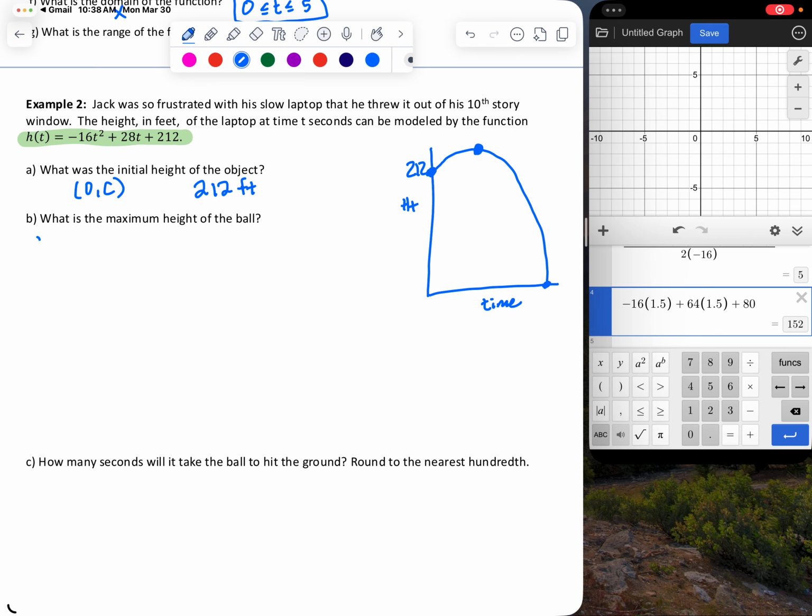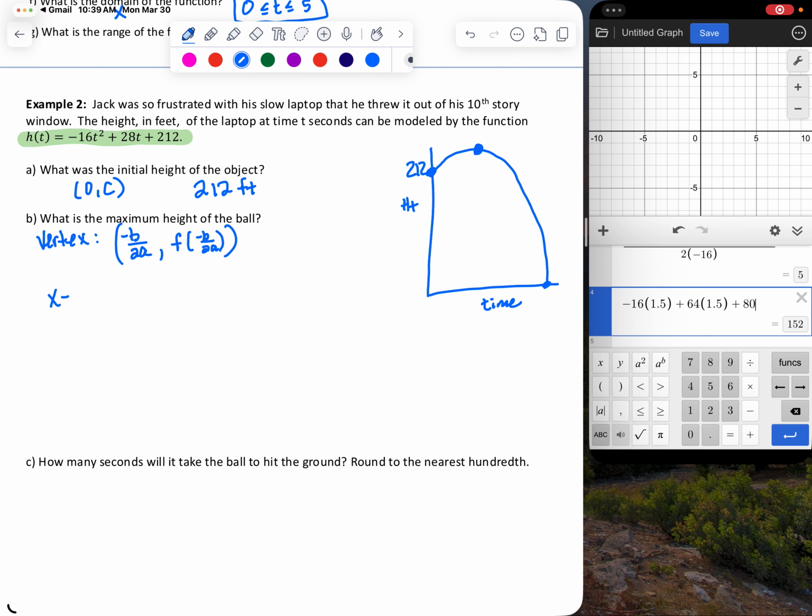Well, remember, maximum height comes, excuse me, from the vertex. And to find the vertex, we use this formula. Opposite b over 2a, comma, f of opposite b over 2a.